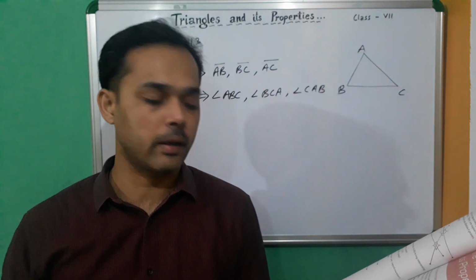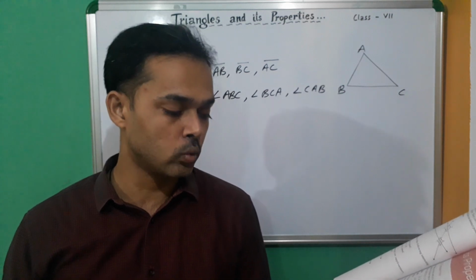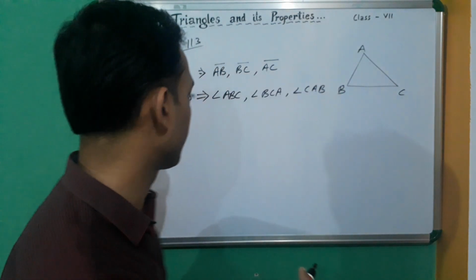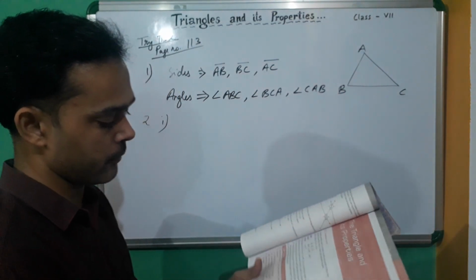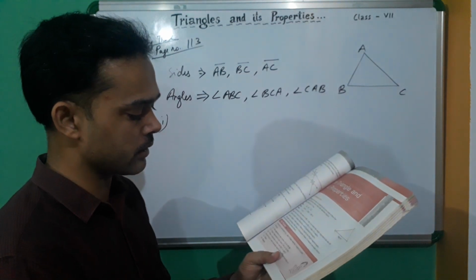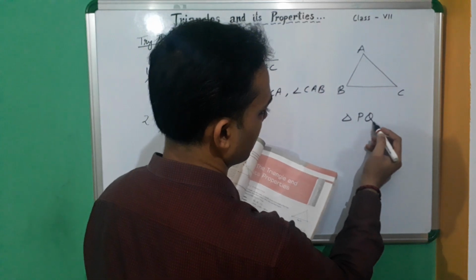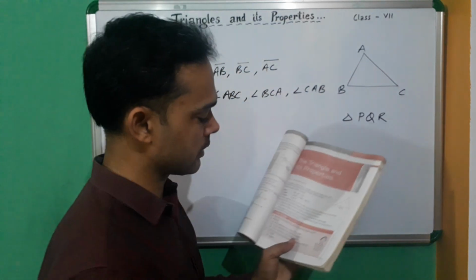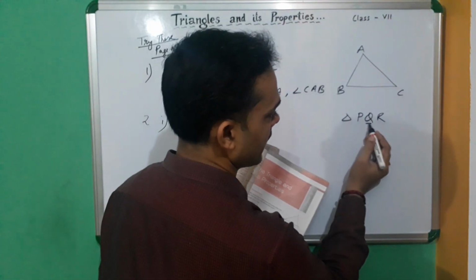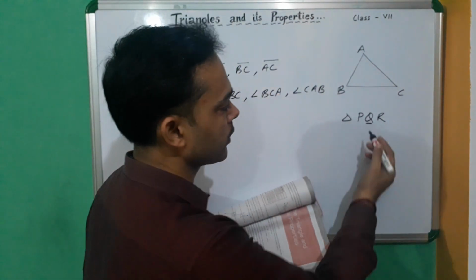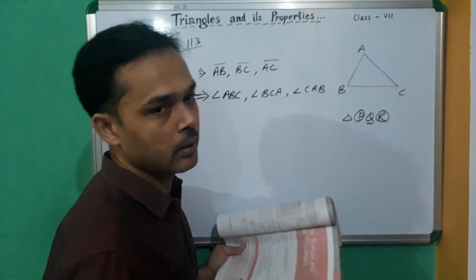Now in question number 2 it is asked, write the side opposite to vertex Q of triangle PQR. This is the first part. It is mentioned triangle PQR, and it is asked the side opposite to vertex Q. What you will do is leave this Q, and what will be left is PR.